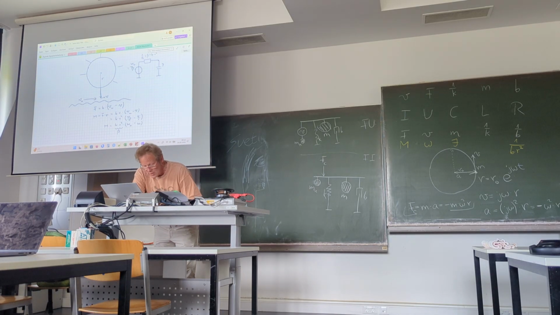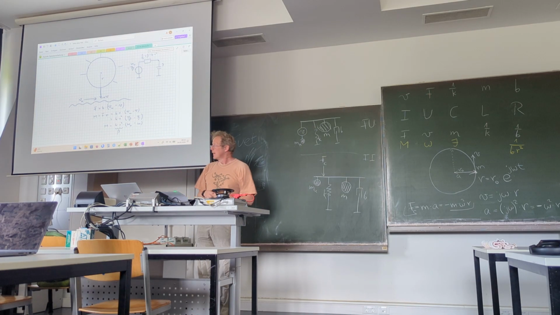At time 0, the capacitor is empty. Empty means no charge, no current, and it means we have initially no movement. And then the wheel starts rotating, it becomes accelerated. And electrically, this happens by a current which flows into the capacitor, loads it up.